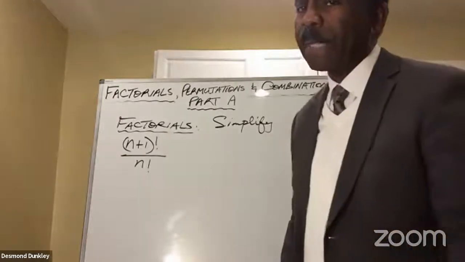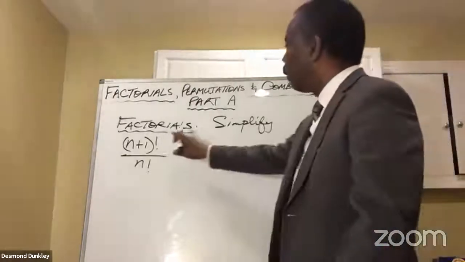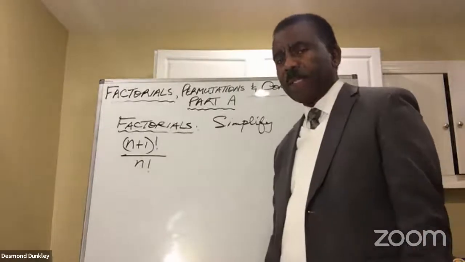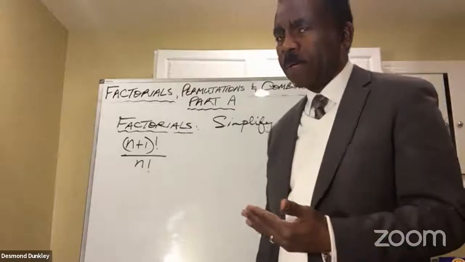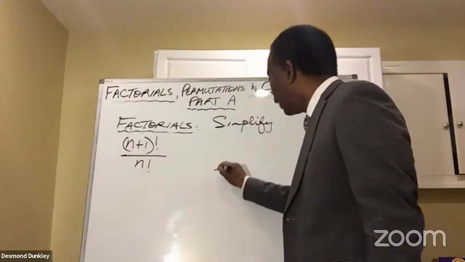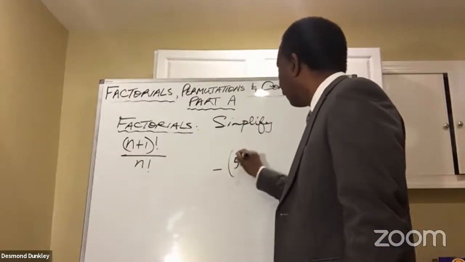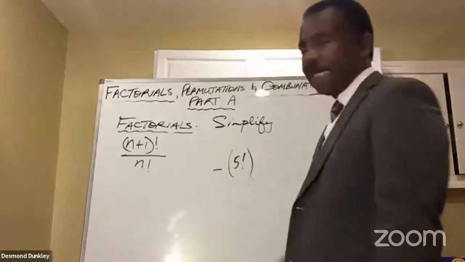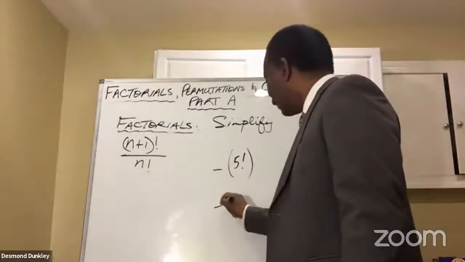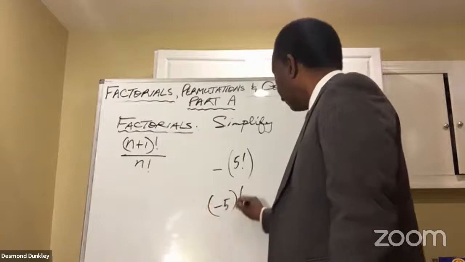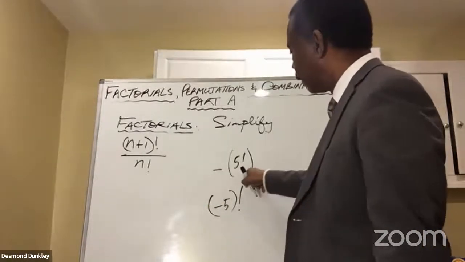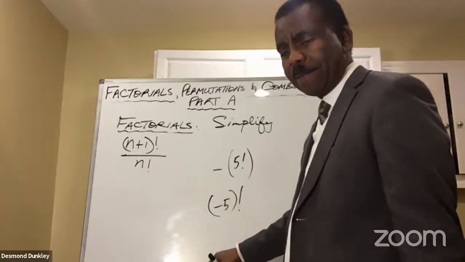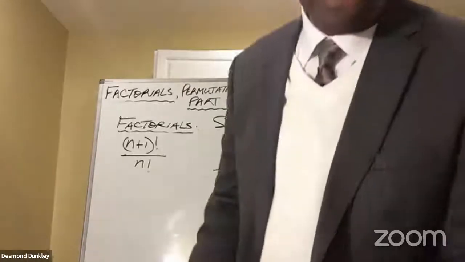I should point out that we do factorials with positive integers. So you'll never hear me ask you for -5 factorial, except if we're doing the negative of 5 factorial. Then that's different, but not -5 factorial. That's not meaningful, okay? This is meaningful. This is not, okay? Good.